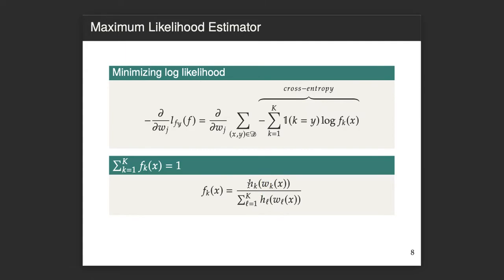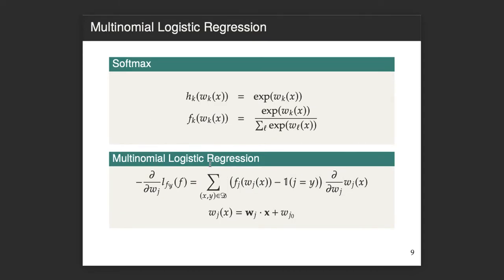To comply with the restriction, we only need a normalization factor, and we can use the same idea that we saw in Bayes' theorem as the normalization factor. So we just need to sum the functions h for all the different classes, and then what we have is an f that complies with this restriction.